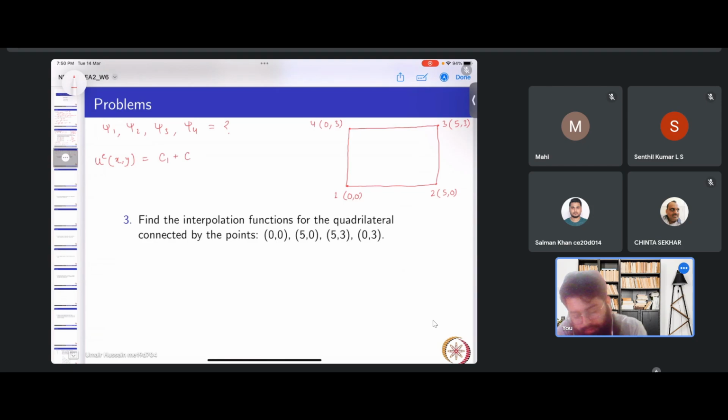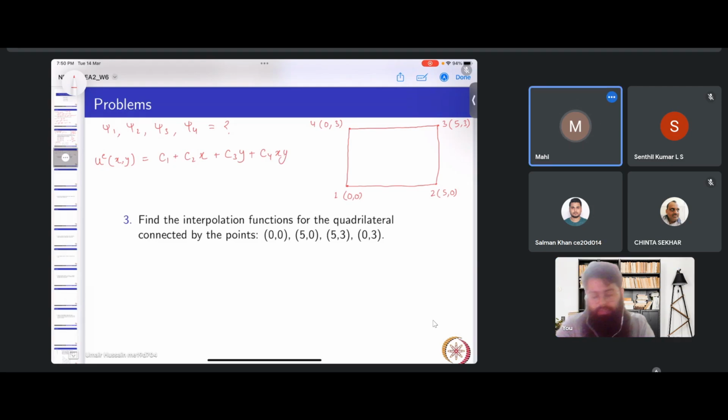So we'll write a polynomial with how many unknown terms? 4, sir. Yeah, thanks. So we have our approximation function in this form.